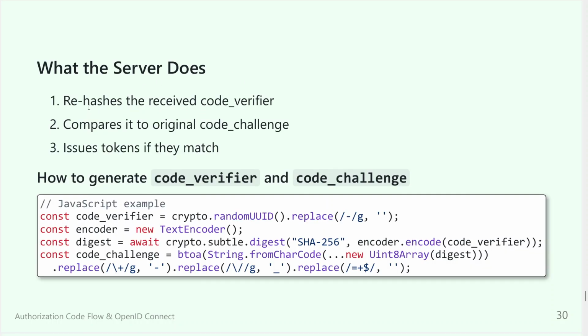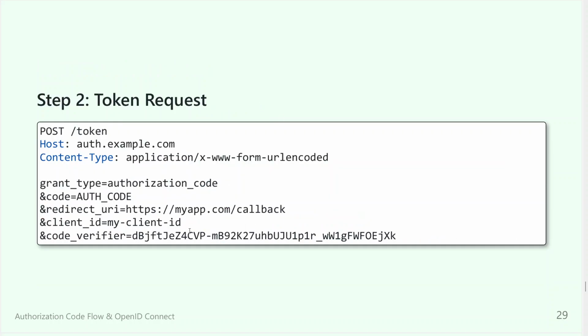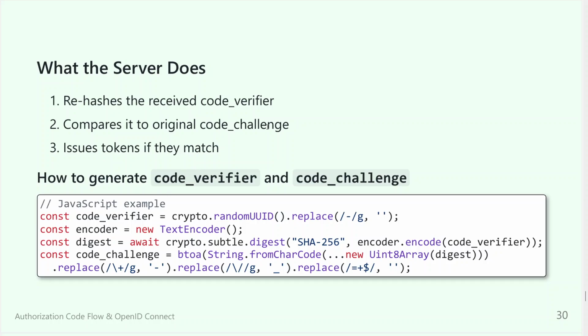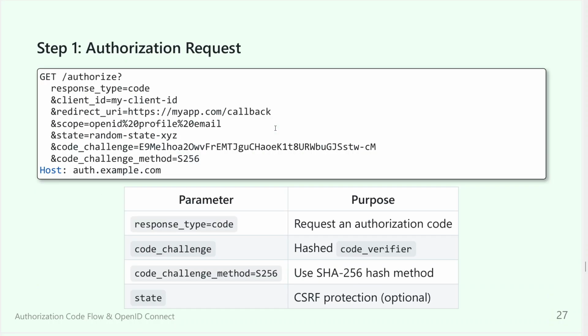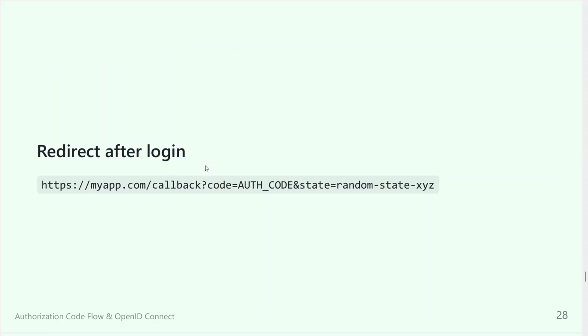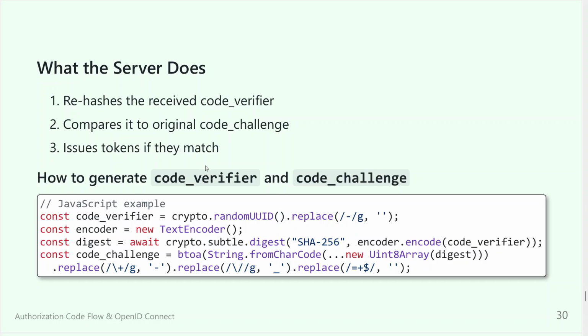So what the server does is rehash the received code verifier, this one, and after the hash, it compares with the code challenge, which is this one. You hash using this algorithm, this method here, and issue the token if they match, meaning it proves that it was you that started everything because you did the login and you provided this challenge.